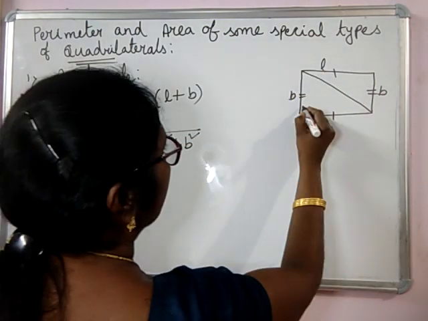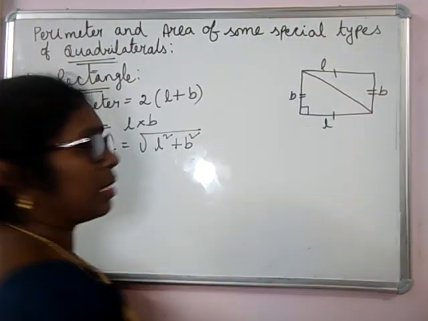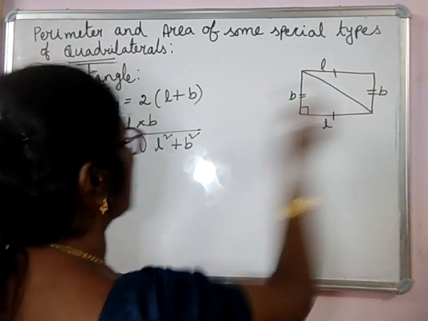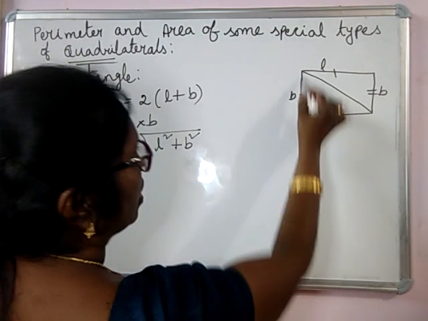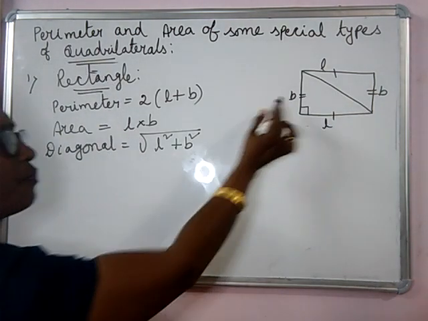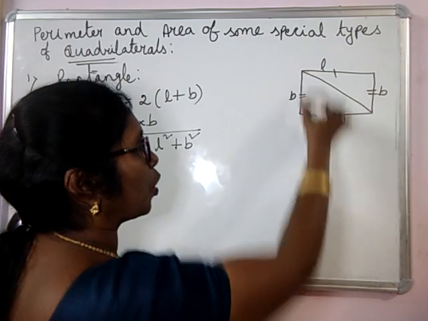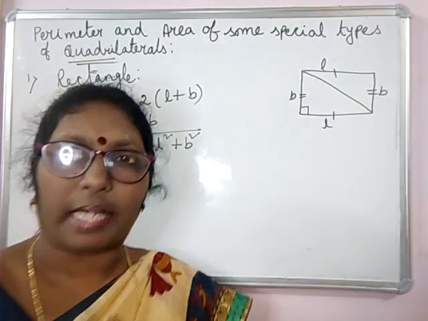You know that in a rectangle, each angle is 90 degree. Now this is a right angled triangle. You know that in a right angled triangle, hypotenuse equal to square root of sum of the squares of other two sides. Here the hypotenuse of this right angle triangle is the diagonal of the rectangle.